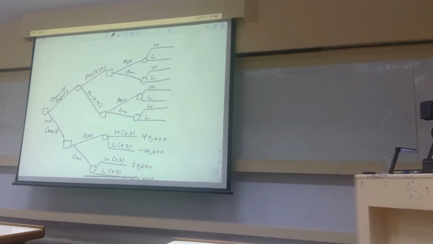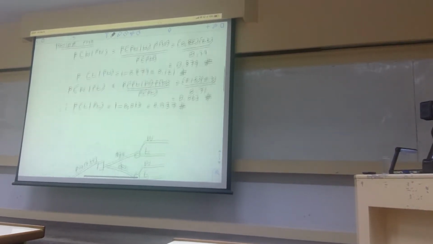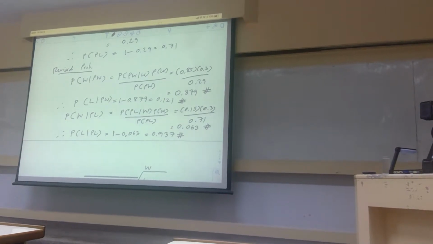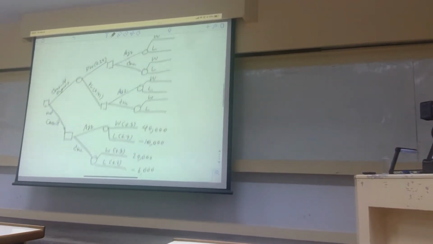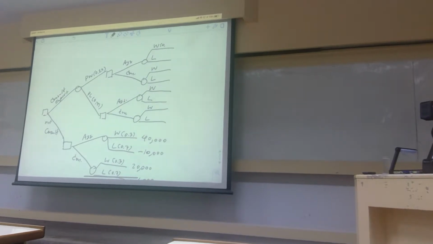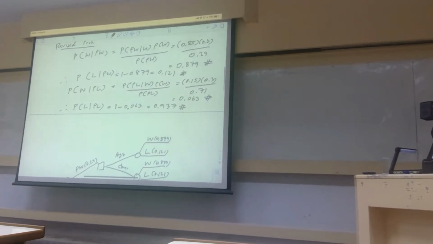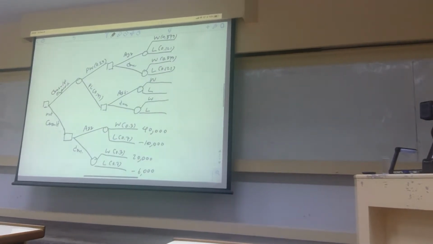And for the probability, in the case of predict win, we have 0.879, 0.121. For predict lose, the probability here is 0.463.